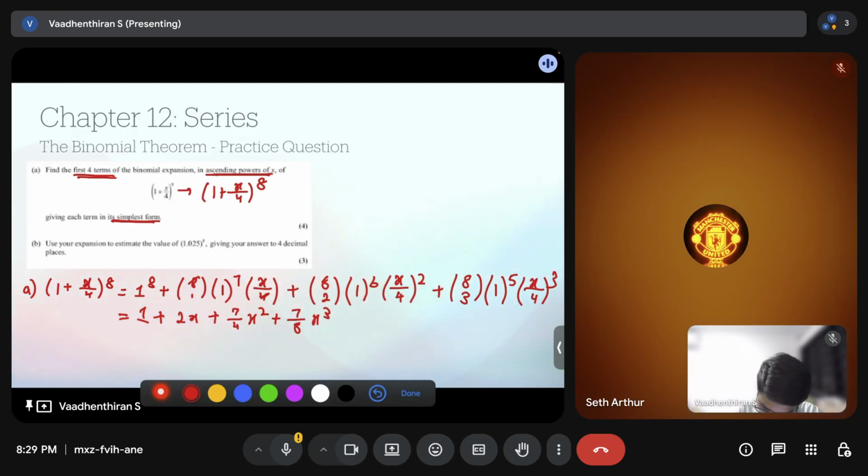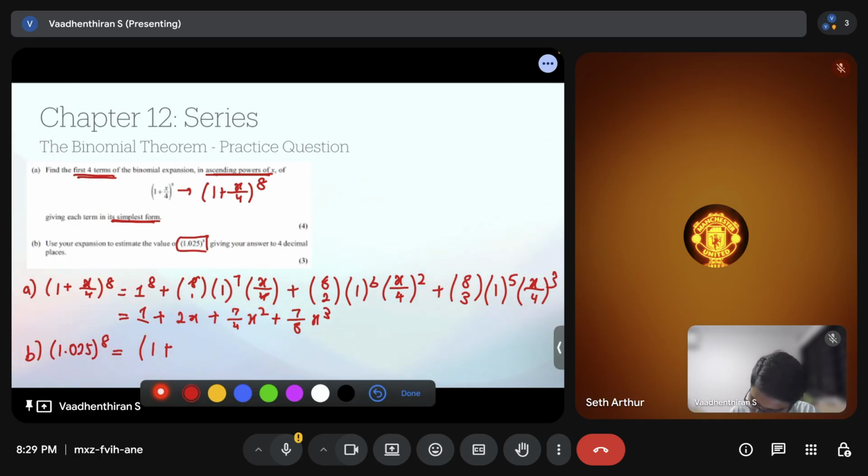And part B is basically you use this expanded version to solve this. So part B is 1.025 to the 8. You can expand this as 1 plus 0.025, which would be 1 by 40.